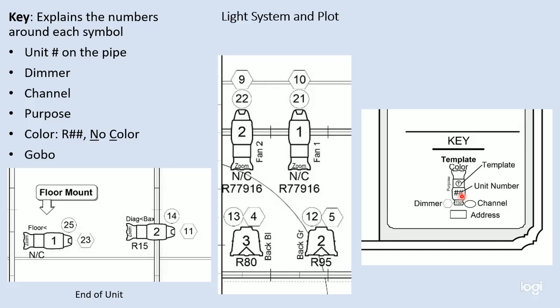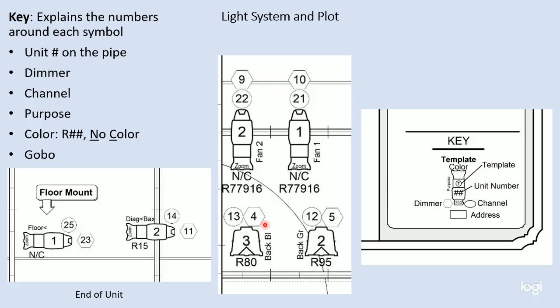Now, the next thing that we talked about is dimmers and dimmer racks, and that's where lights get their power. So we need to note what the light plugs into, what the dimmer number is. And we'll see from the key that the dimmer number is notated in this little six-sided box, this little hexagon box that's around it.